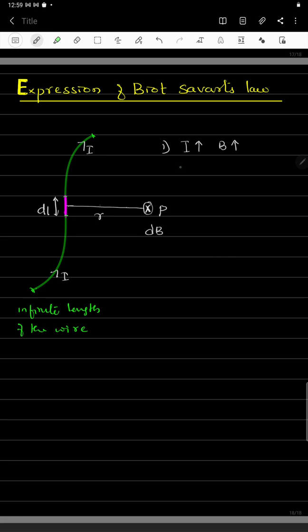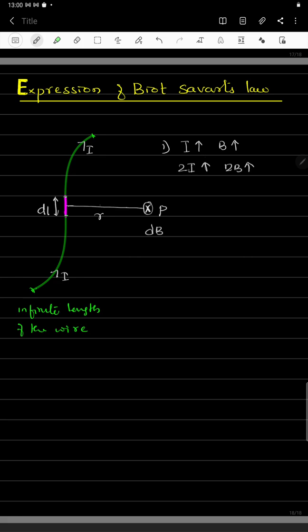Now if I take the current doubled, if I increase the current to double, what happens to the magnetic field? If you increase the current in the wire to double, then the magnetic field also increases to double. It means however you increase the current, the flow of charges at this portion increases, and likewise the magnetic field also increases.